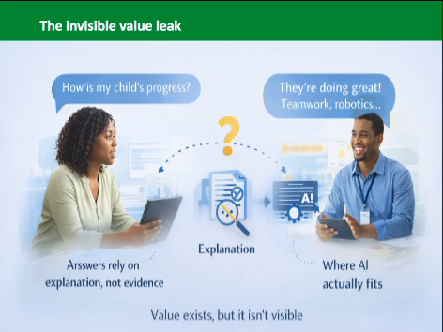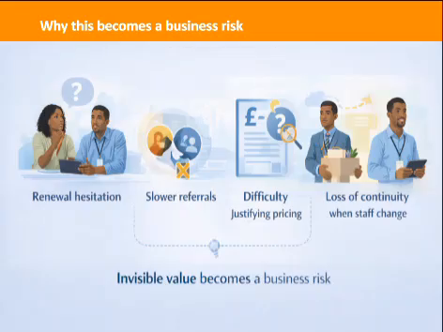When value becomes invisible, schools tend to face problems like renewal becoming harder, referrals slowing down, continuity disappearing, and eventually even when staff leave. This is actually a business risk, and I'm going to prove why. It's not just an inconvenience, it's a risk.